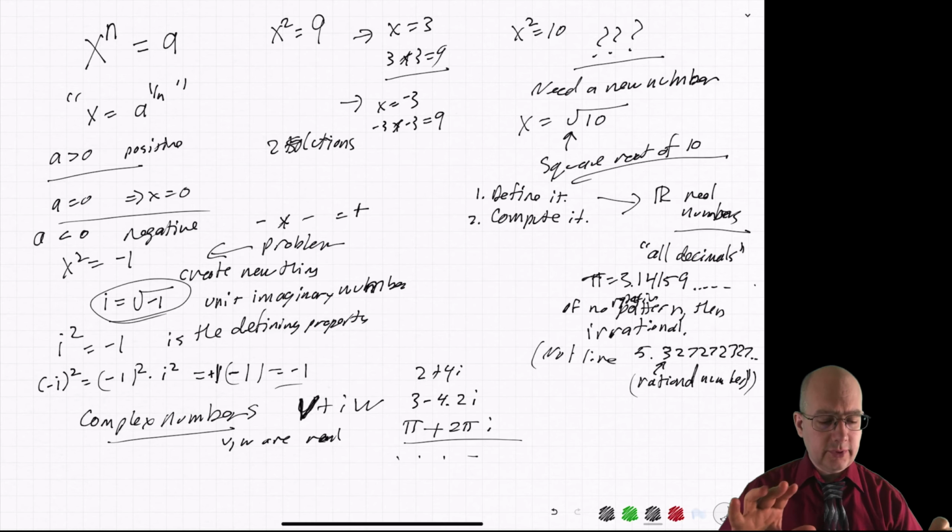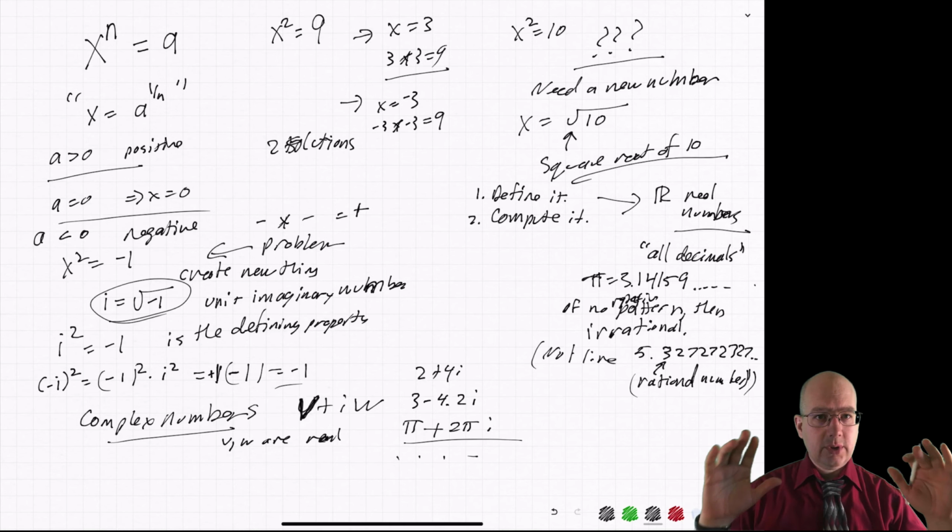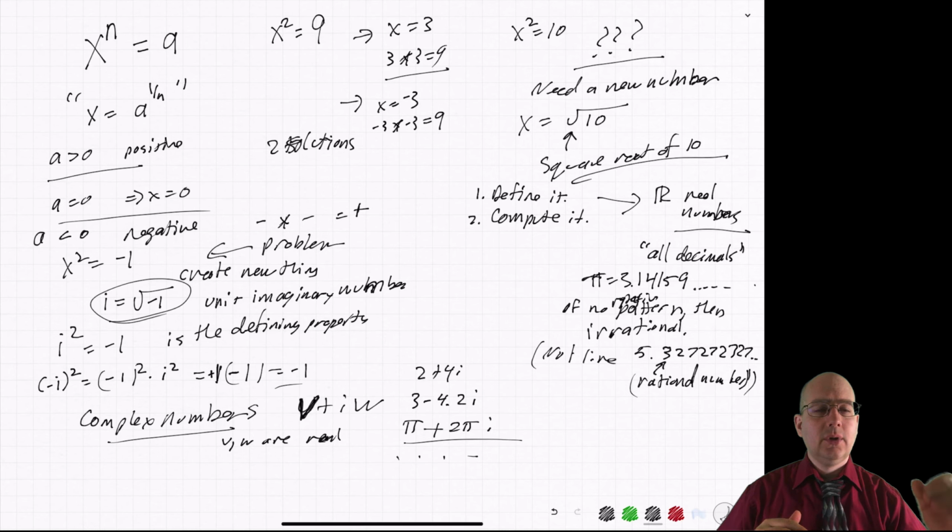So other videos will cover the details of this, but broad strokes, we want to solve the equation x to a power equals something, and by doing so, we get the real numbers if we're trying to deal with x to the n equals a positive number, and we get the complex numbers dealing with x to the n equals a negative number.